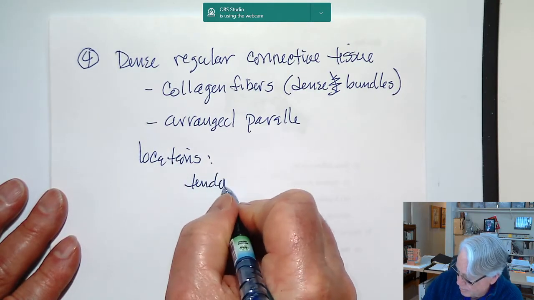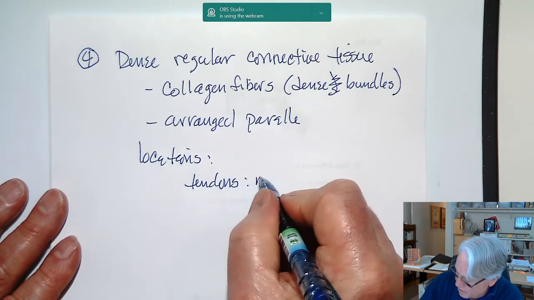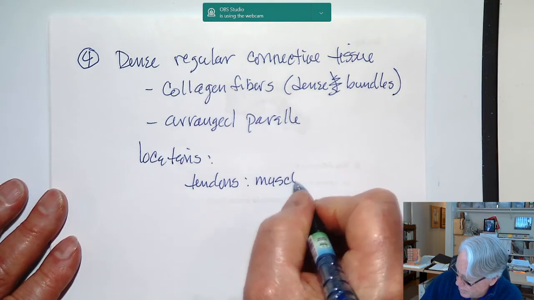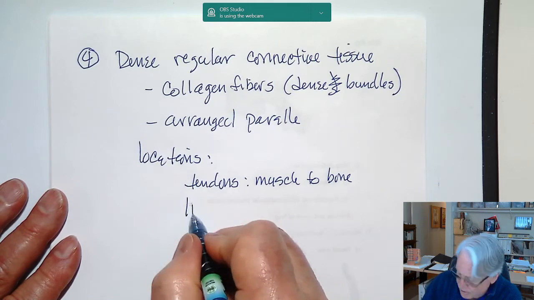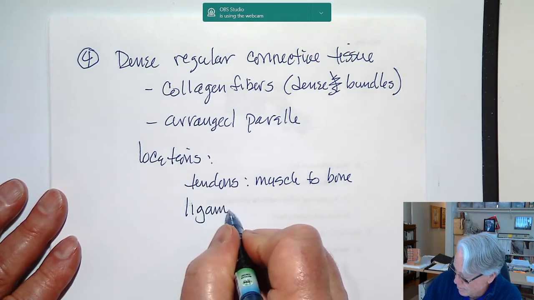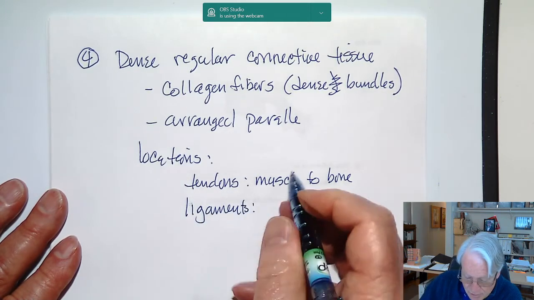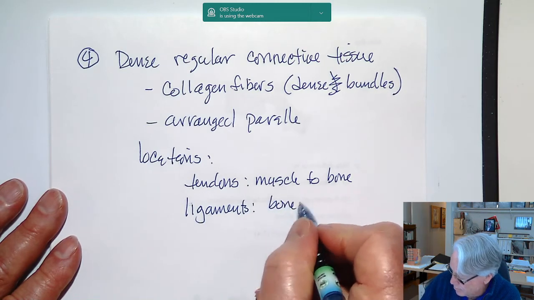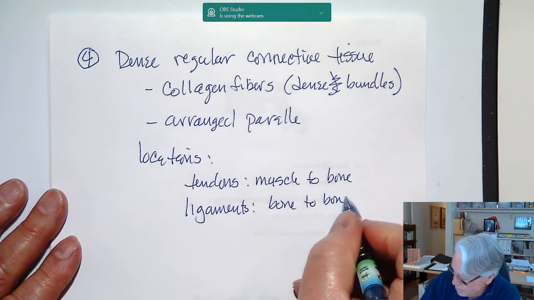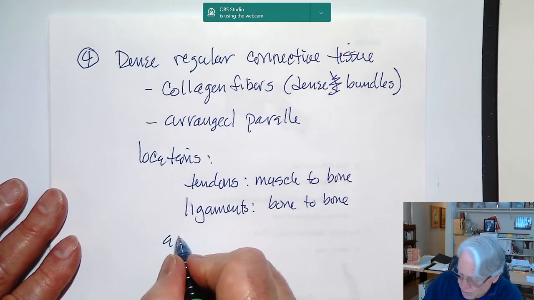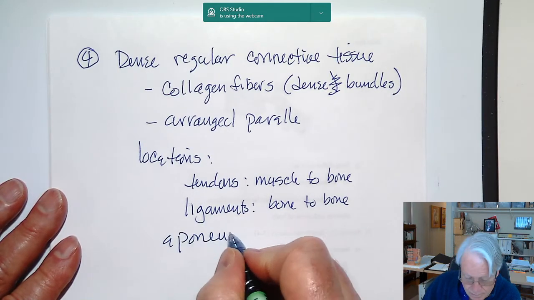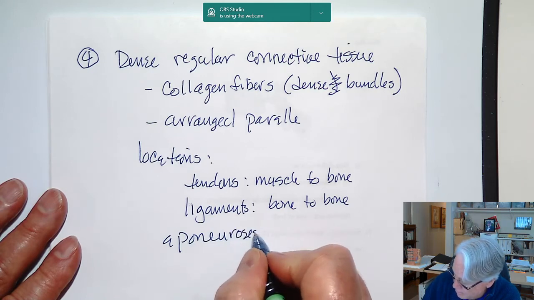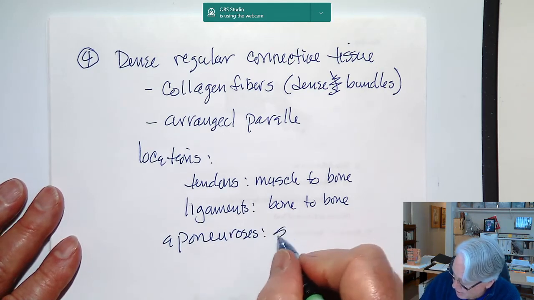tendons, which is muscle to bone, ligaments, which is bone to bone, and aponeurosis, which is a sheet-like tendon.